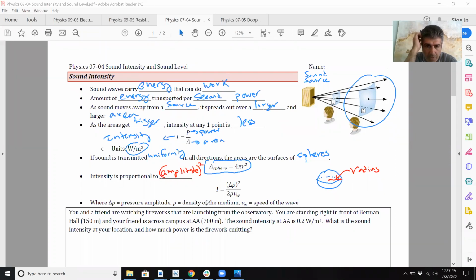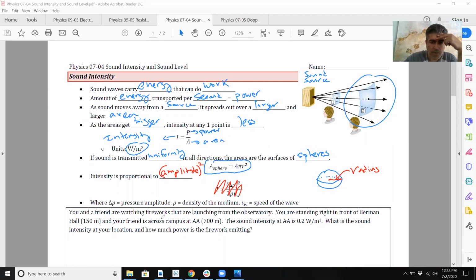We'll probably skip that formula. So let's look at the example down below. Any questions so far? And again, I'm just going to cross out this formula. We're not going to really use this one. Okay.